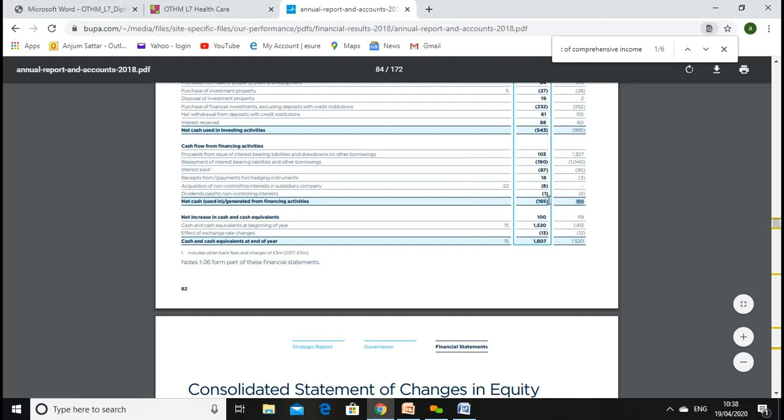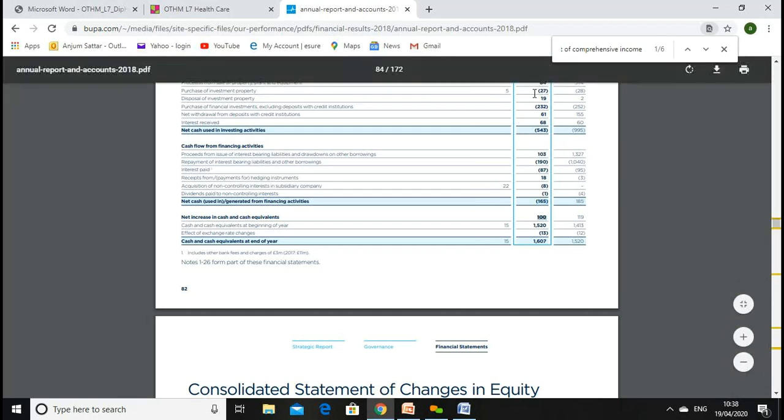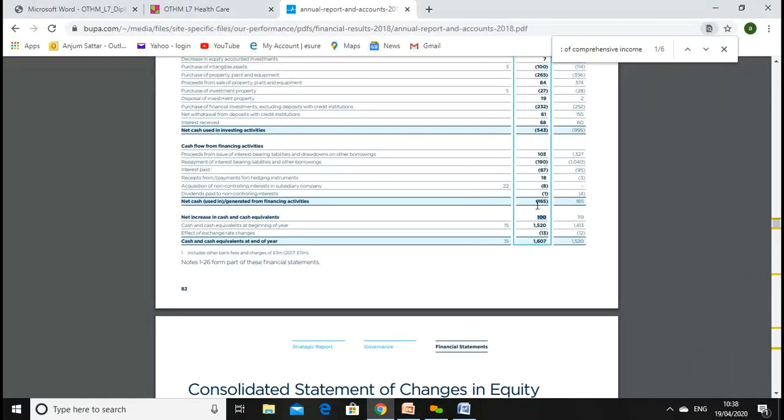Last year was positive, we borrowed more, this year we paid off, so that's why the cash went out, 165 million. Plus the opening balance: operating activity positive, minus negative, minus negative, the net from all the activities is 100 positive.